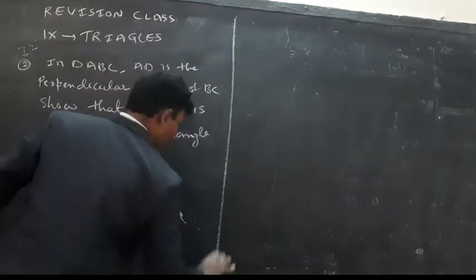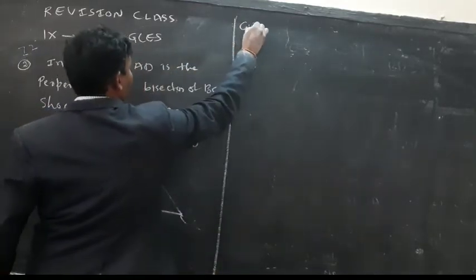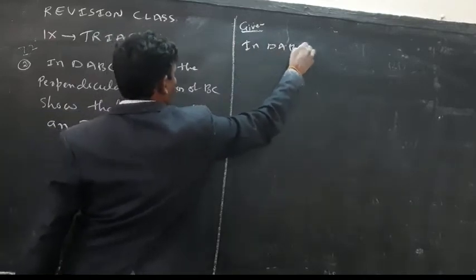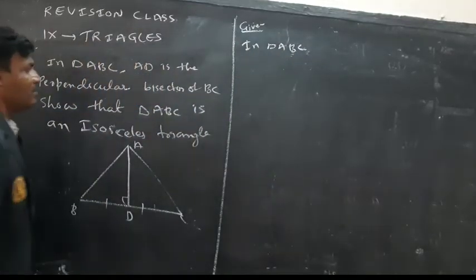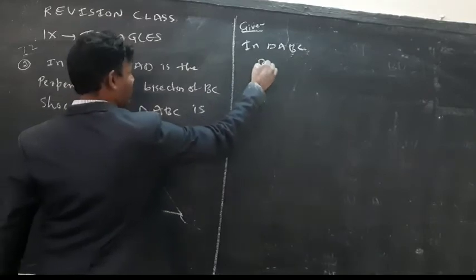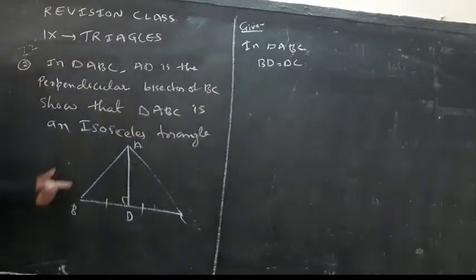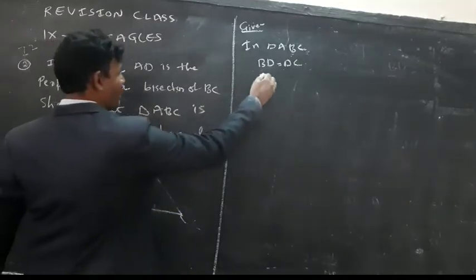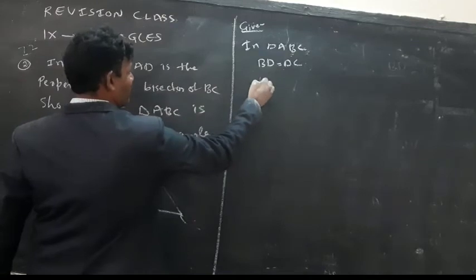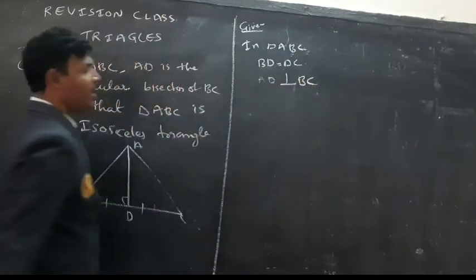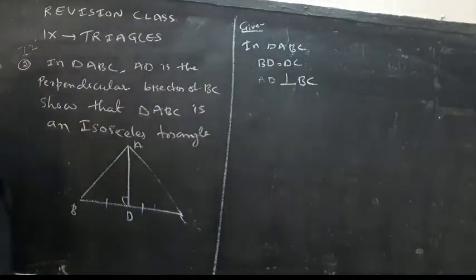What is the given here? First, given in triangle ABC, the lengths of BD and DC are both equal. Why? Because AD is the bisector of side BC, and AD is perpendicular to BC.